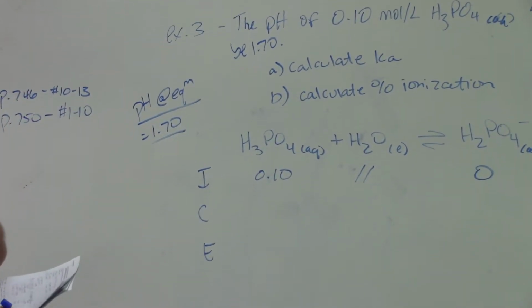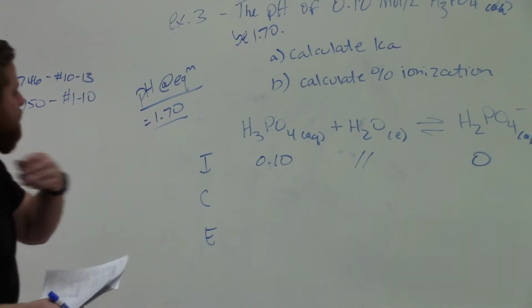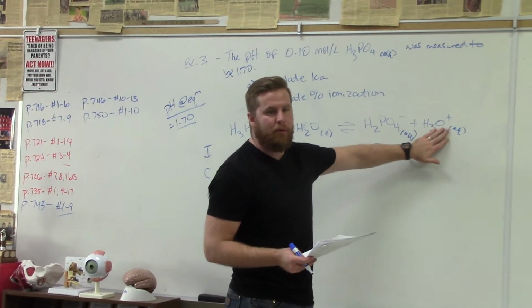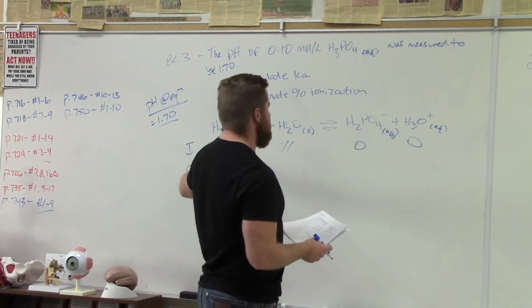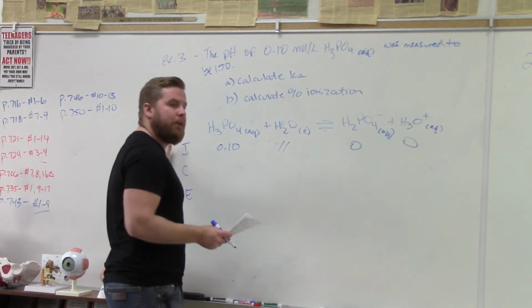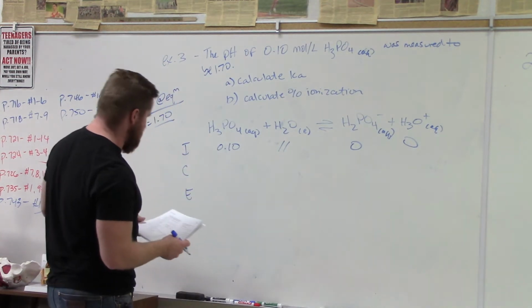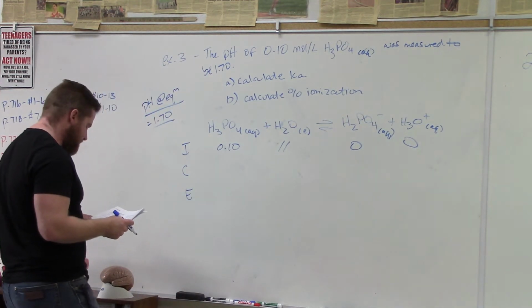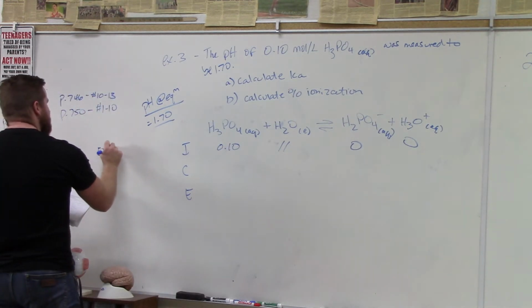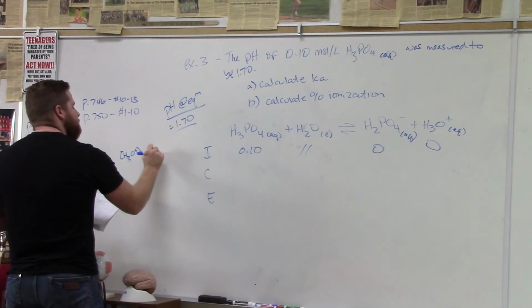Okay? So remember that the pH is a measure of hydronium, right? So the system would have had to have equilibrated to give me this pH value. So the pH at equilibrium is 1.7. The concentration of hydronium, therefore, we can find it.